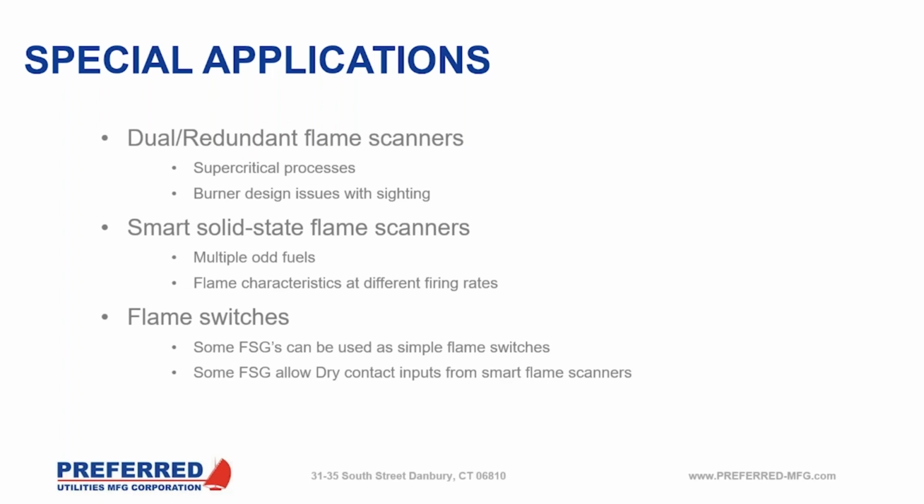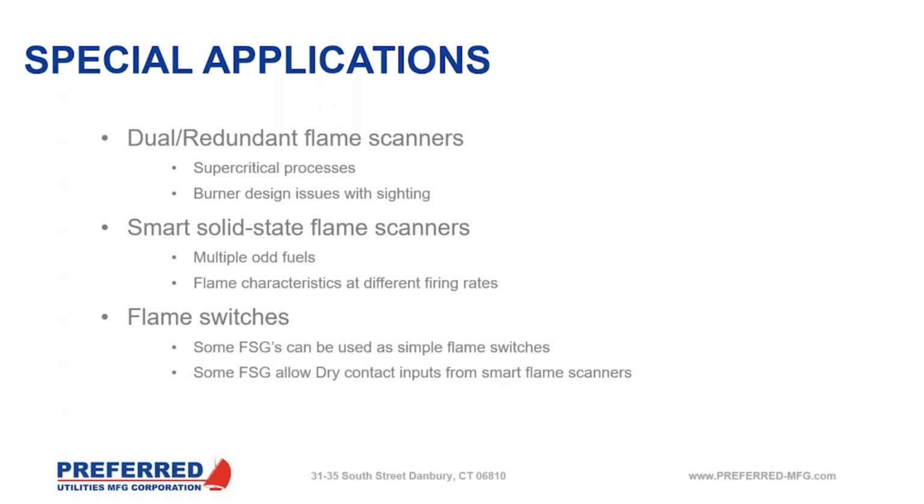So if your flame safeguard is the type that can accept a dry contact input, then a smart flame scanner could be utilized in an "and" or an "or" application. The nice thing about having two flame scanners sometimes is you can sight the pilot with one and you can sight the main flame with the other, okay? So if you have issues where you can't see both effectively, that's where two scanners can come into play and be a problem solver, okay?